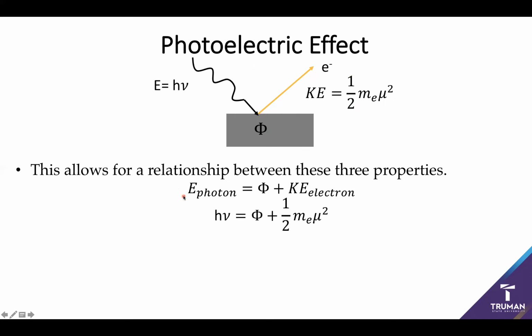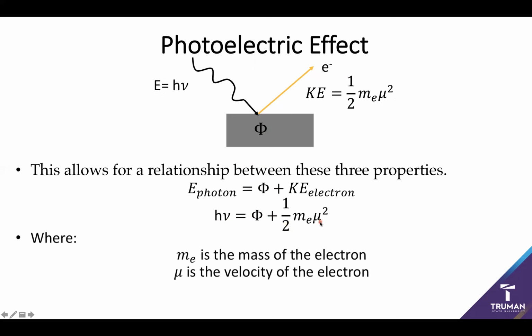Well, we can measure the energy of an individual photon just using Planck's constant times the frequency of light. The work function is going to be based on the identity of the metal, and we have the mass of the electron and the velocity of the electron. We know the mass of an electron from the earlier Millikan oil drop experiment.